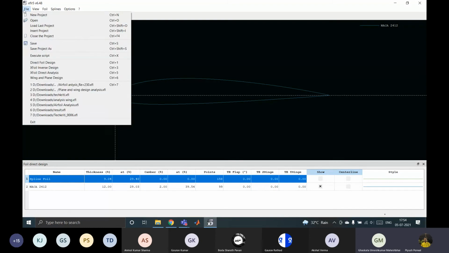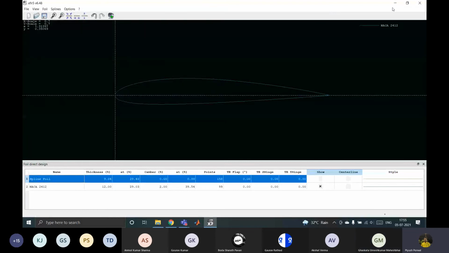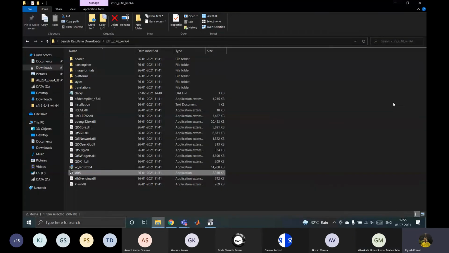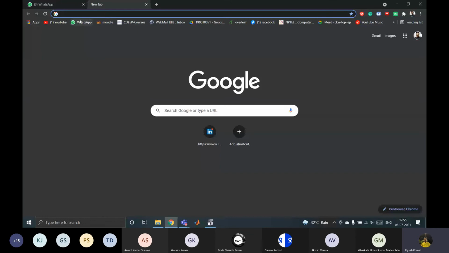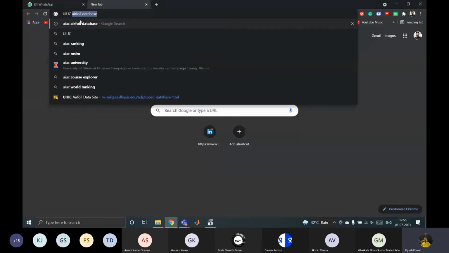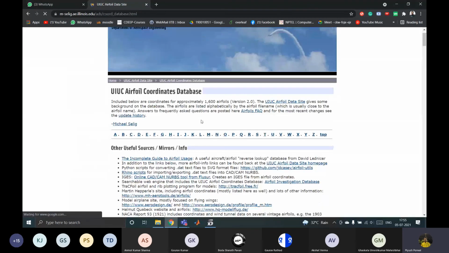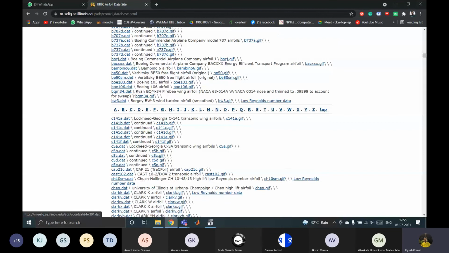If you have to open an airfoil from the net, you can choose this open button. So we will first see how to open an airfoil from the net. It's available online, and here the whole airfoil database is available.